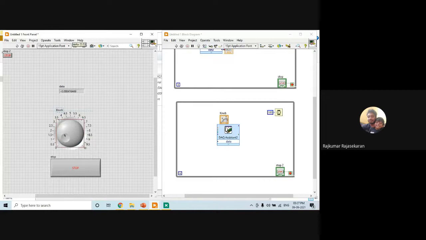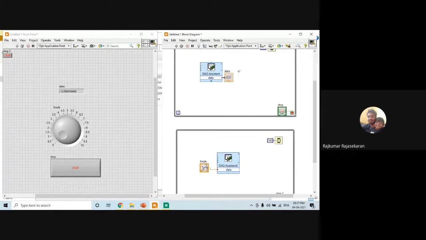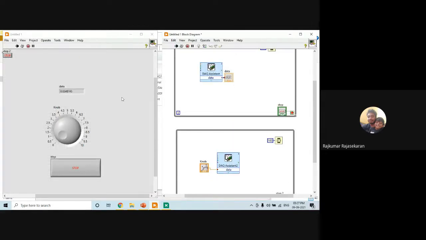Here I can add a knob to control the voltage, which is going to go outside, and here I'm going to measure that same voltage. So I run this, and I can change the measurement. Here I'm generating and passing it here, and this value is getting generated here, and we are measuring it there.